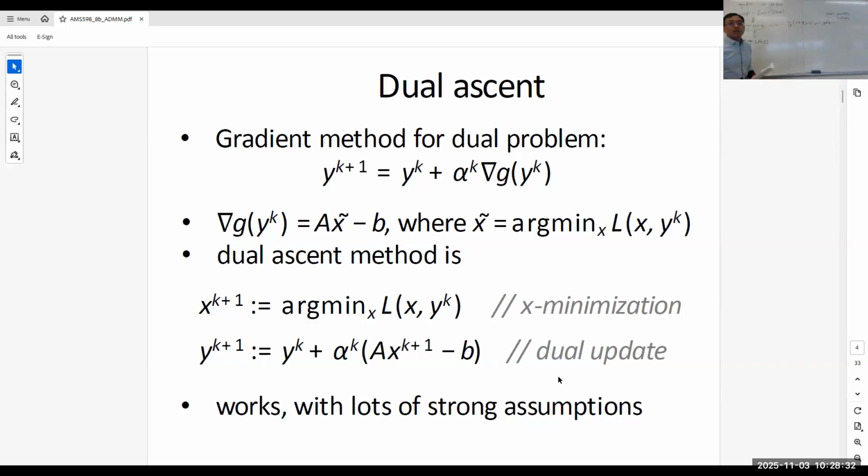Because in order to do this minimization, first we have to maximize. In order for this maximization to be achieved, we have to set the gradient with respect to y equal to 0, so Ax minus b equals 0. This serves as a condition for the minimization. So that's called the primal feasibility condition.